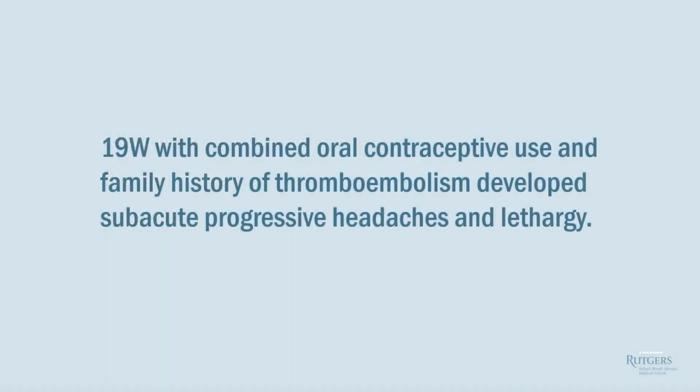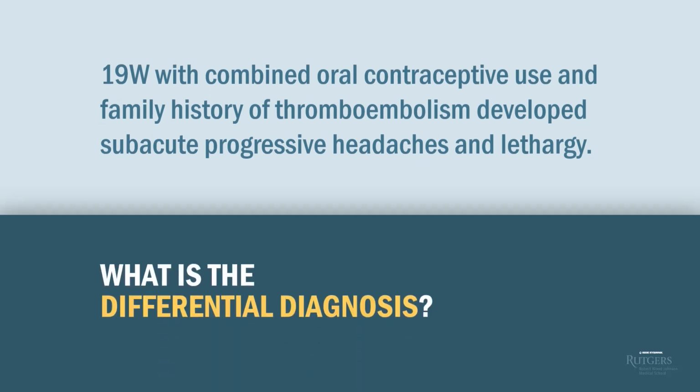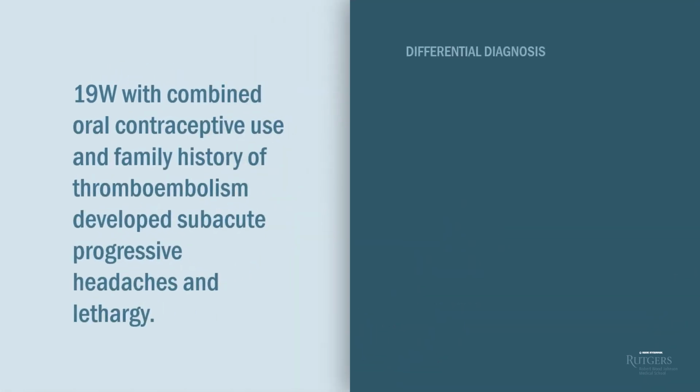So, in our 19-year-old woman with combined oral contraceptive use and family history of thromboembolism, who developed subacute progressive headaches and lethargy, what is the differential diagnosis? Well, this is a cerebral venous thrombosis talk, so that's probably on the differential.